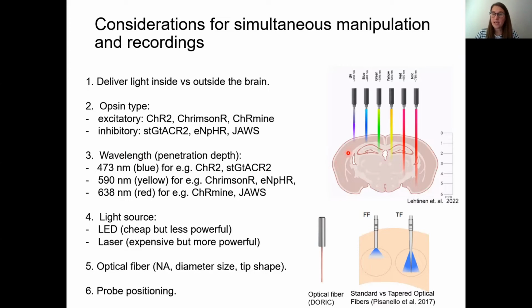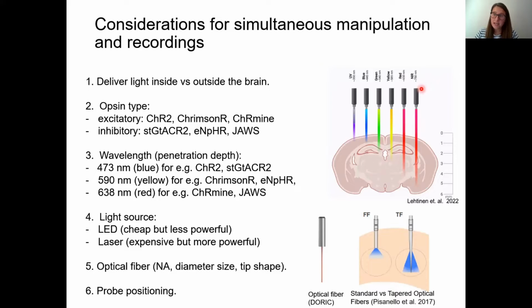Let's say a blue light, 440 nanometers, is good to use, for example, in experiments in which you manipulate cortical neurons. However, it's not going to be a good choice if you want to manipulate the activity of neurons located much deeper in the tissue, because it's not going to penetrate so deeply.